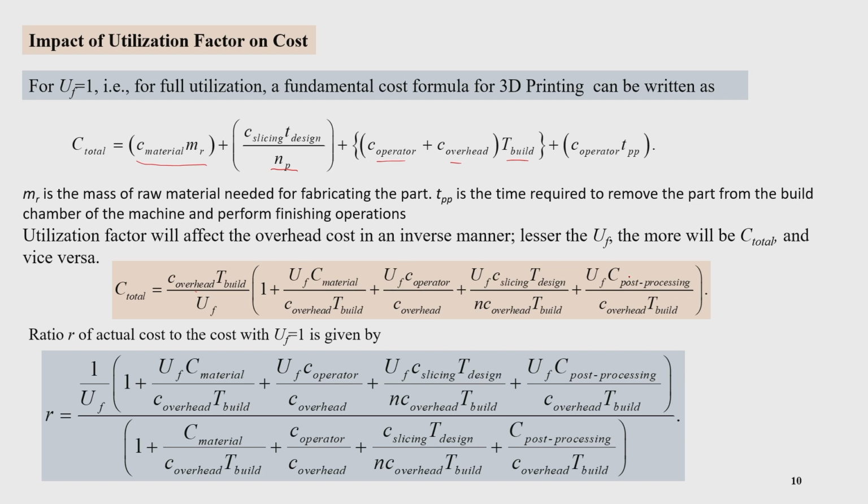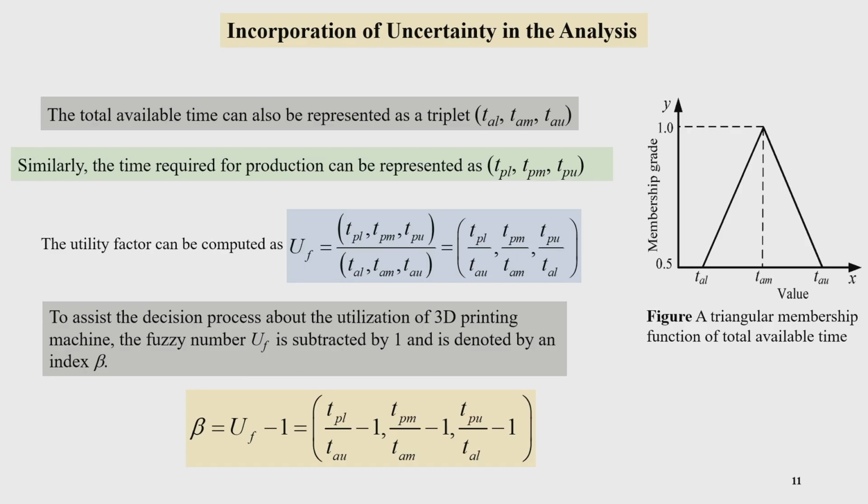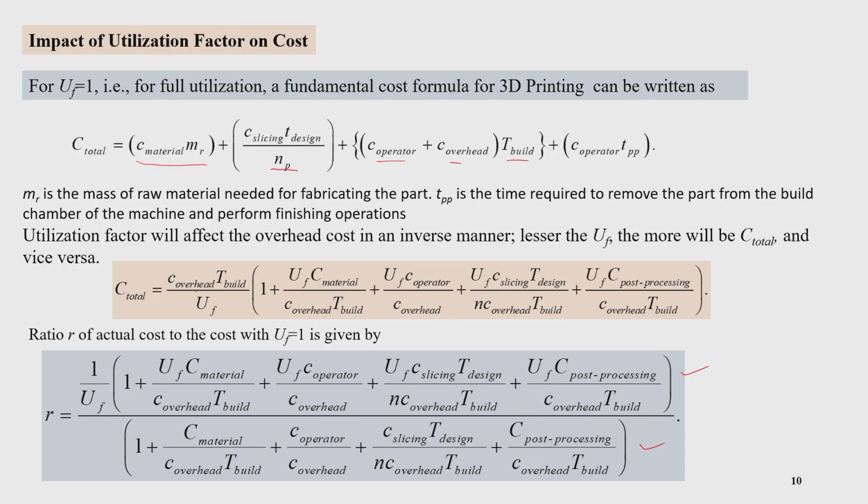So this UF has been put on the top, and the ratio of actual cost to the cost with UF equal to 1 is given by this. So you got C total with some UF, and suppose UF would have been 1, then this was like that. So this ratio tells many things. Suppose your utilization is not proper, then your ratio will be very high.